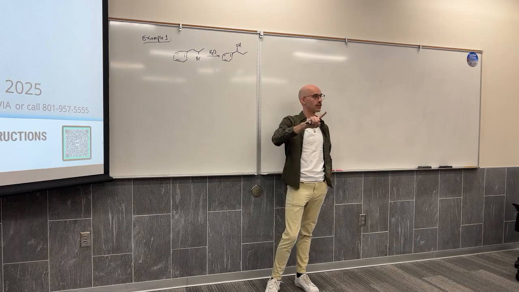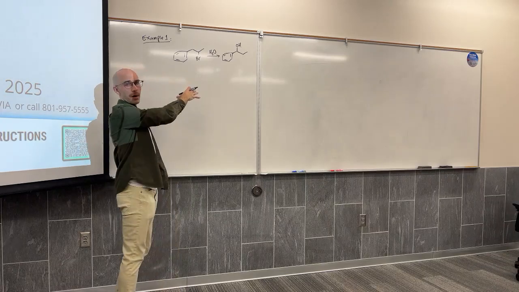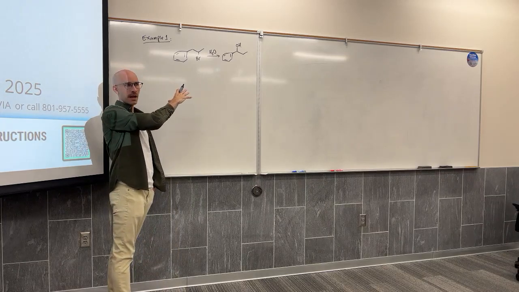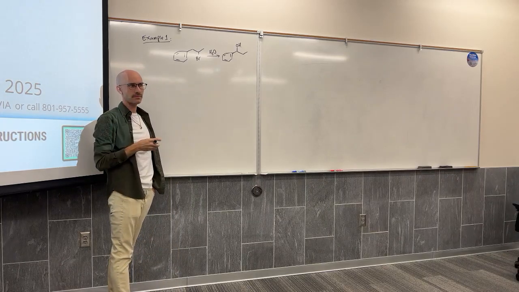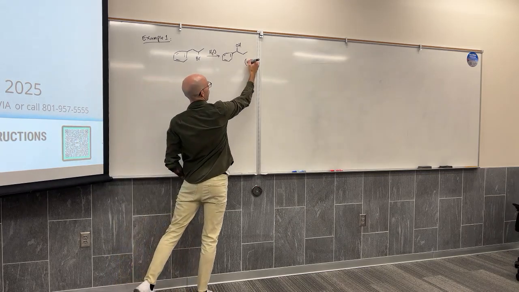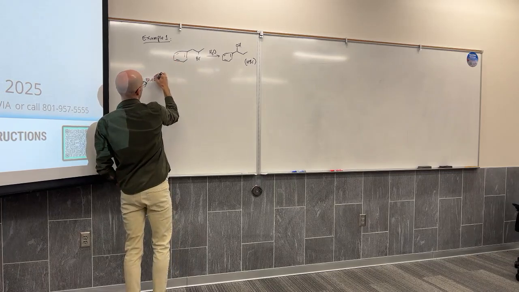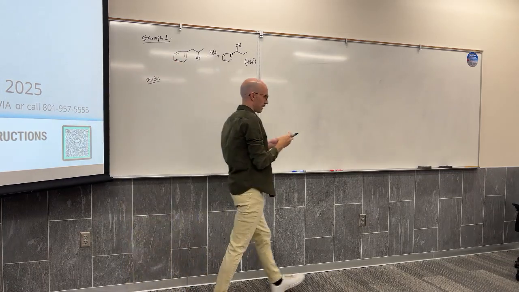First order creates a carbocation that can rearrange. There is a byproduct here. Can you guys see what the byproduct is? HBr. One of the hydrogens from water is gone, and the bromine has left.